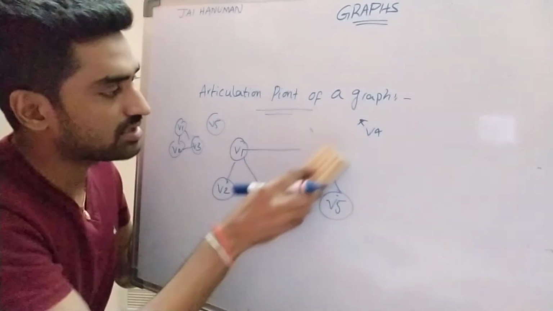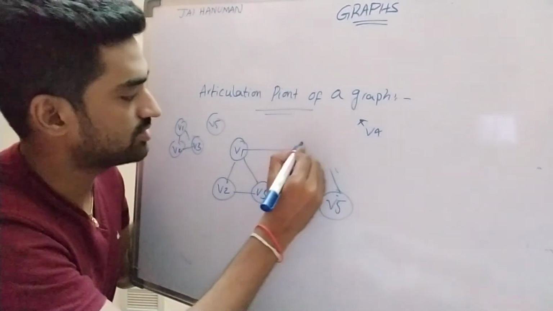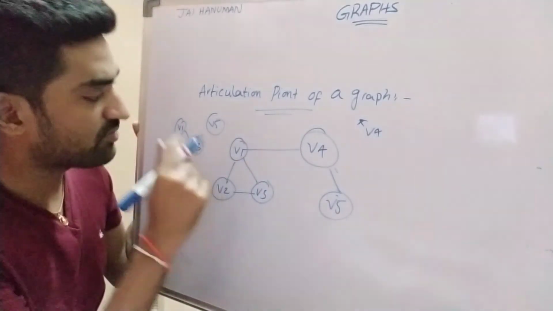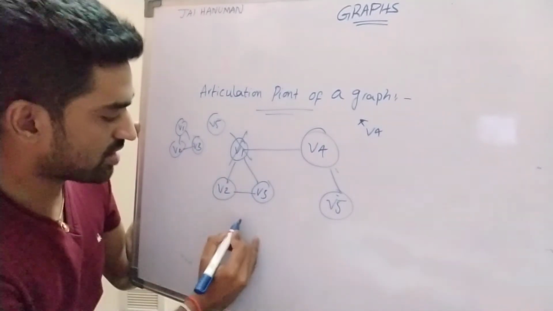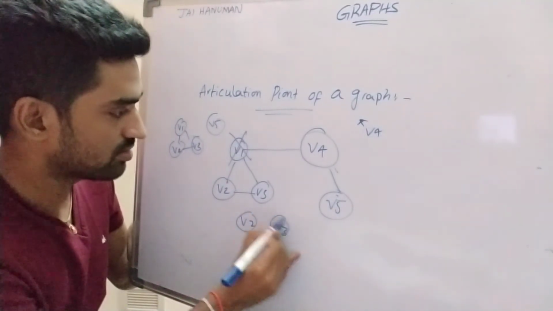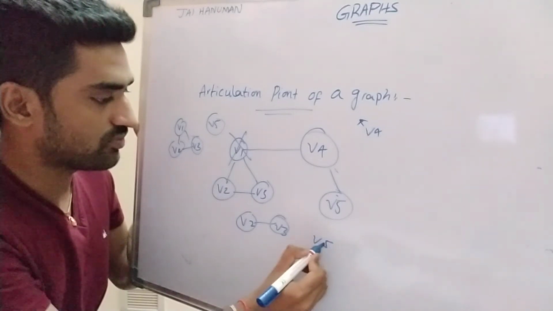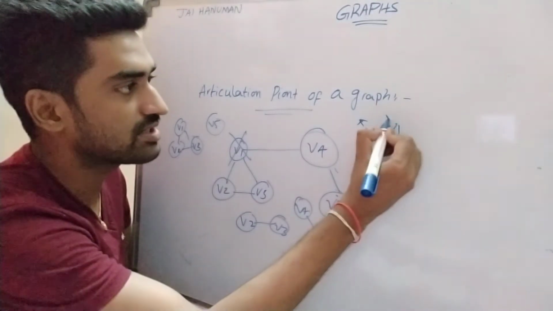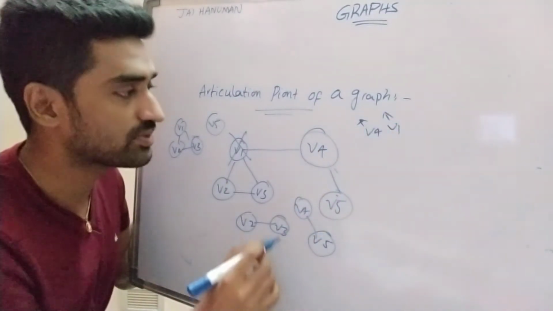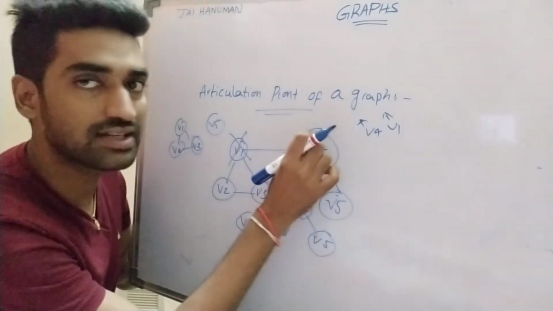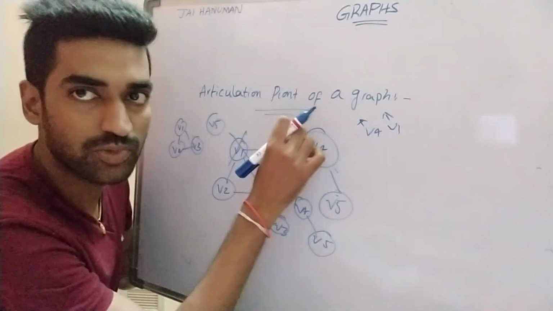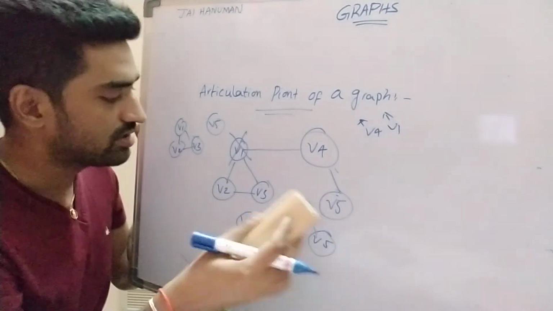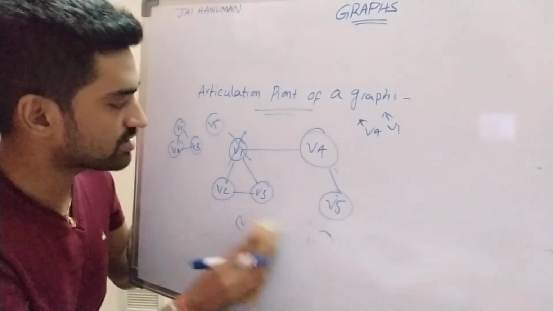Suppose I am deleting V1. It forms V2 to V3 and V4 to V5. That's why V1 is also an articulation point of the given graph.